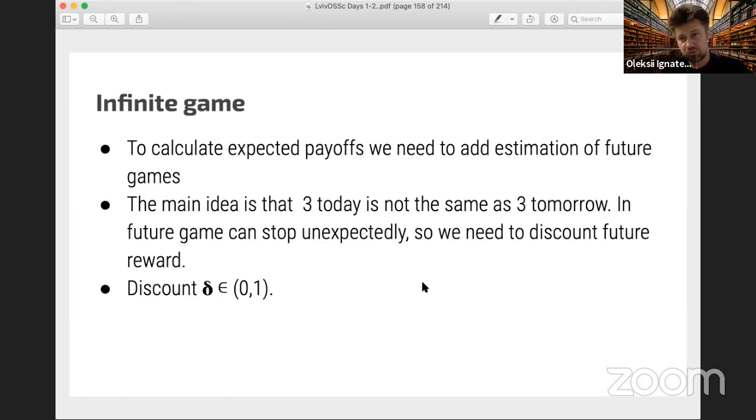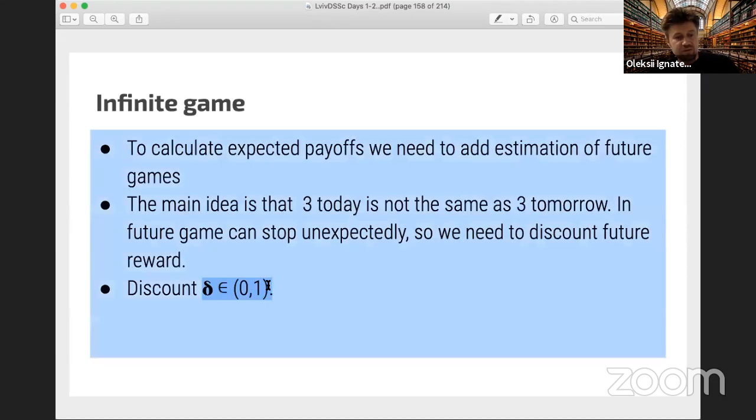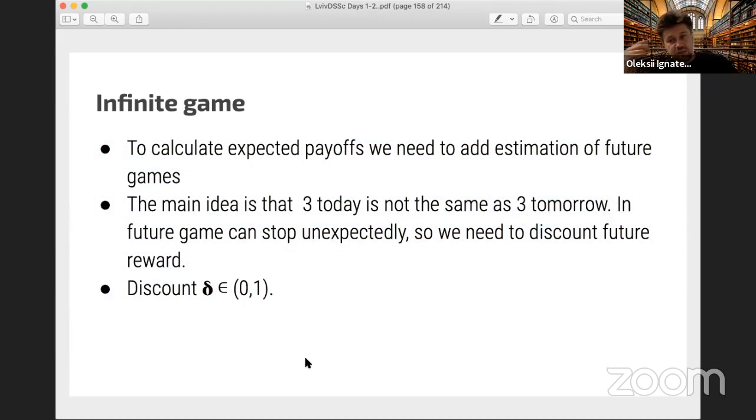But to do this, we need to calculate the expected payoff for the game. So imagine that we have this game with a probability of going to the next round, or we can also call it a discount. The idea of discount is that a payoff of 3 today is not the same as a payoff of 3 tomorrow.